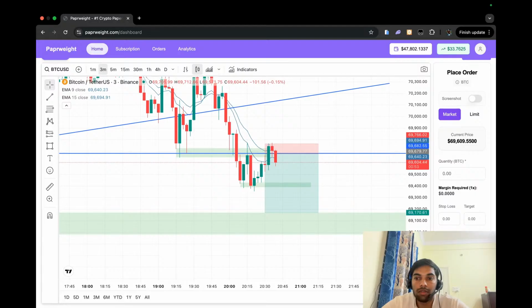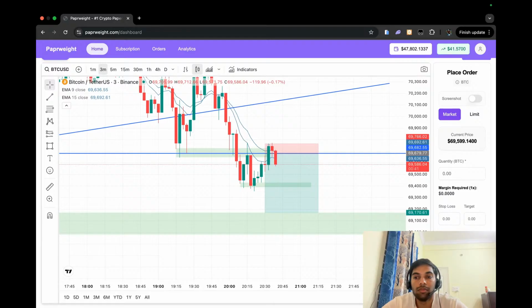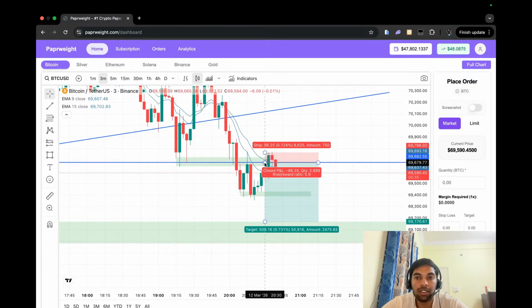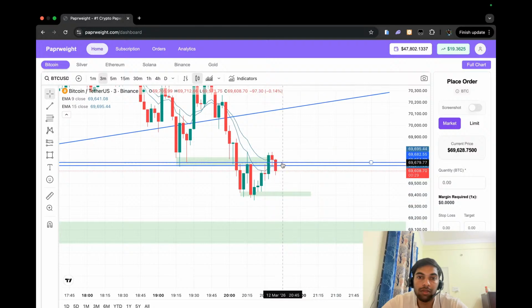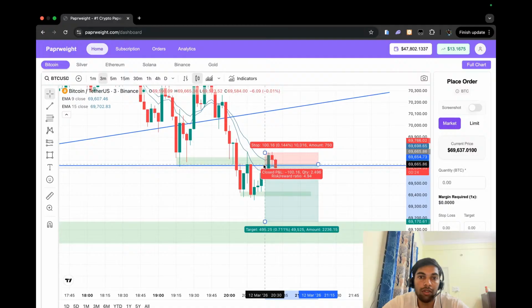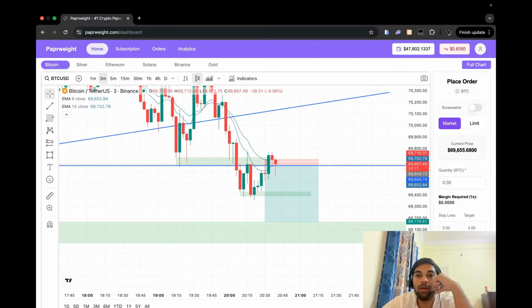Okay. So average price is at 66654. 65454 here. So the average price is here now. Stop loss might be at high of this candle. Okay. 12 more seconds to close this candle.